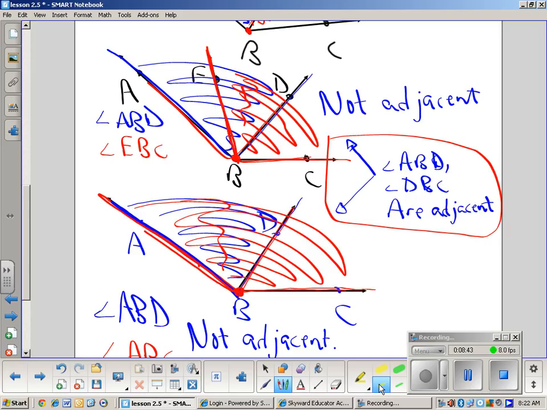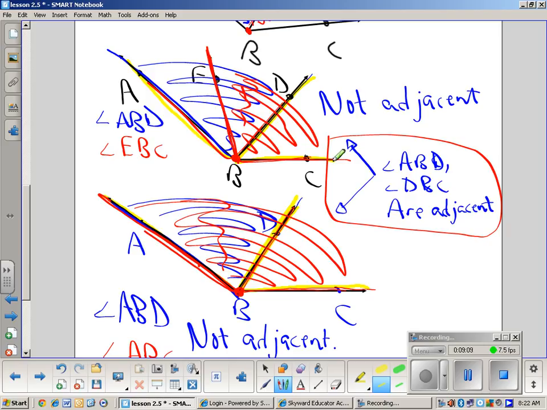Angle ABD, this angle, and angle DBC, this angle, are adjacent. No interior parts. They share this common side. They share this vertex. Okay? And same thing up here, angle ABD and angle DBC are adjacent.